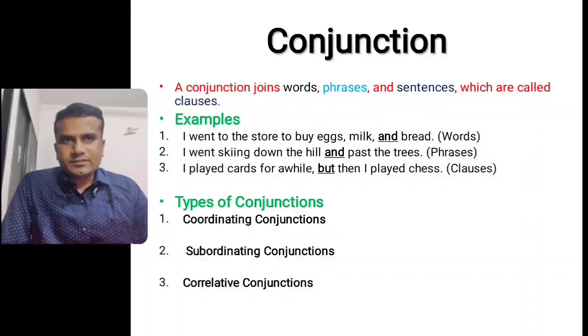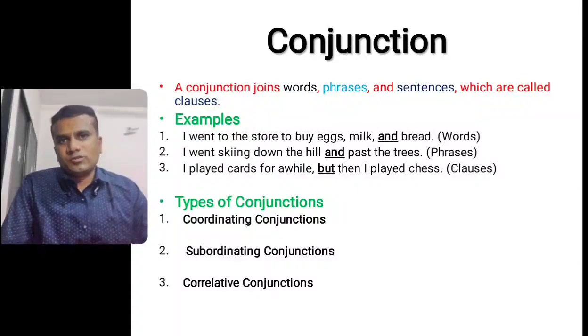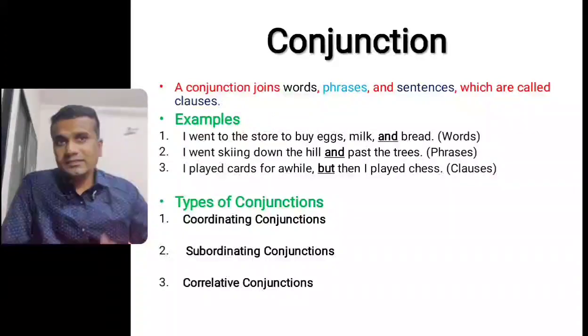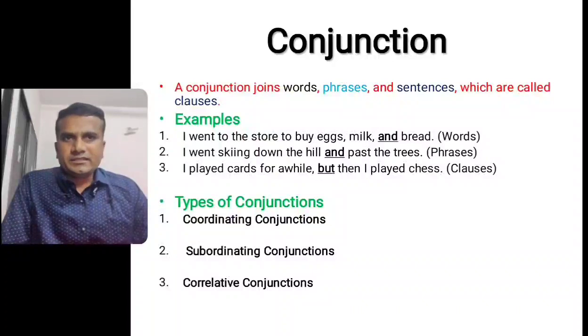In the next example, I went skiing down the hill and past the trees. Here two phrases are joined by the conjunction, and here in this sentence and is the conjunction. In the next example, that is the third one, I played cards for a while, but then I played chess.